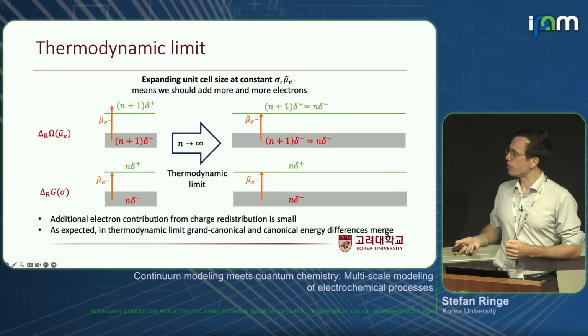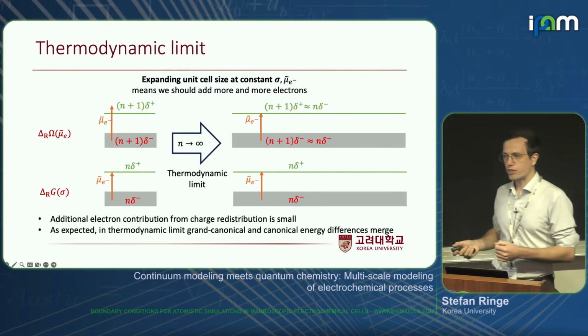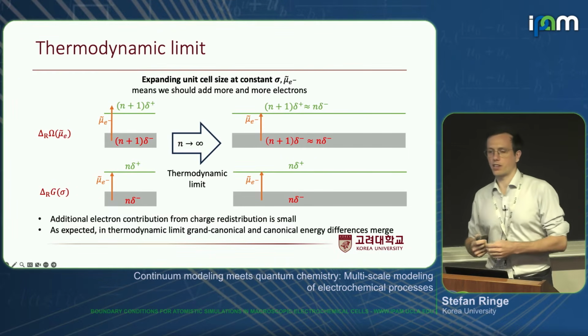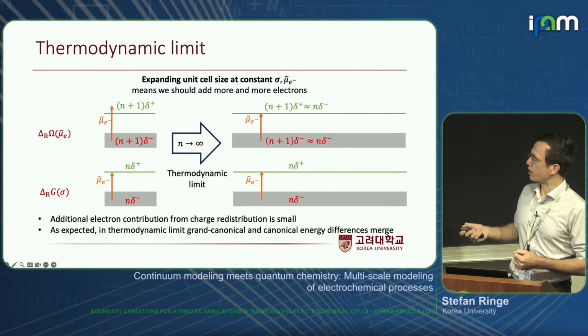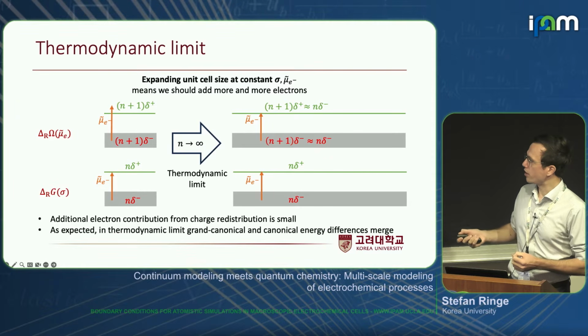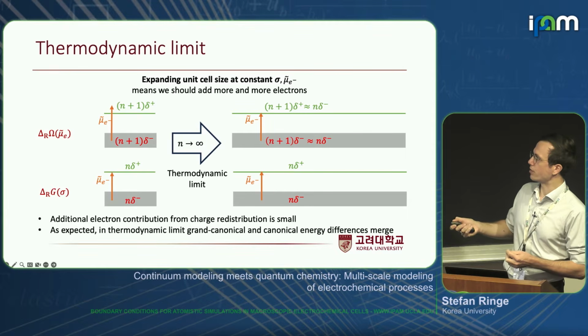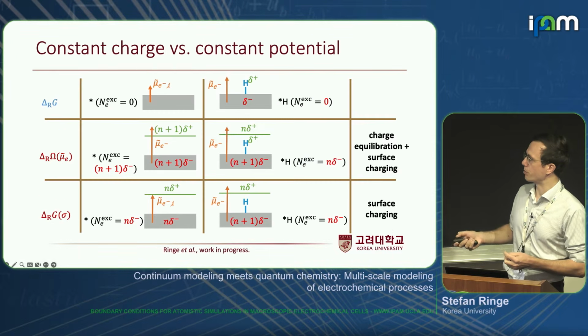The point is, only if your supercells are large enough, this different Fermi level doesn't matter at all, because if you look at this difference here, we are looking at n plus delta that you're adding here. We are adding n plus 1 delta, right? This 1 comes from the charge equilibration.